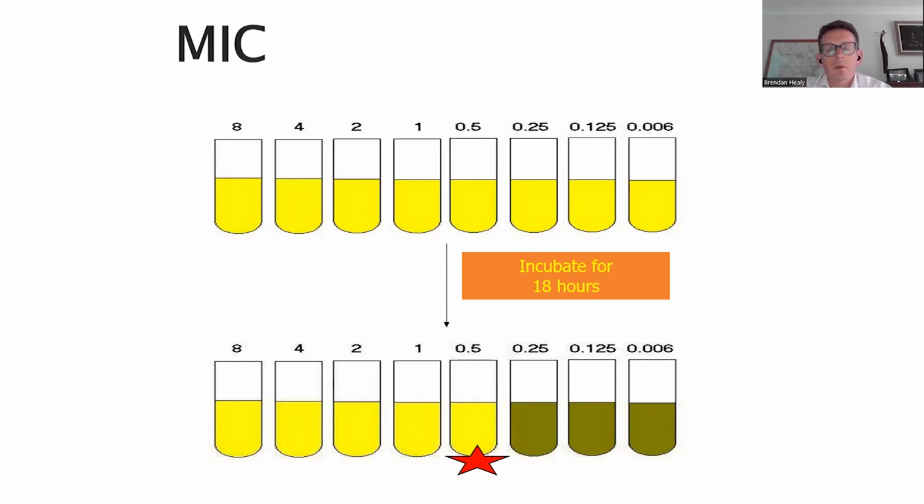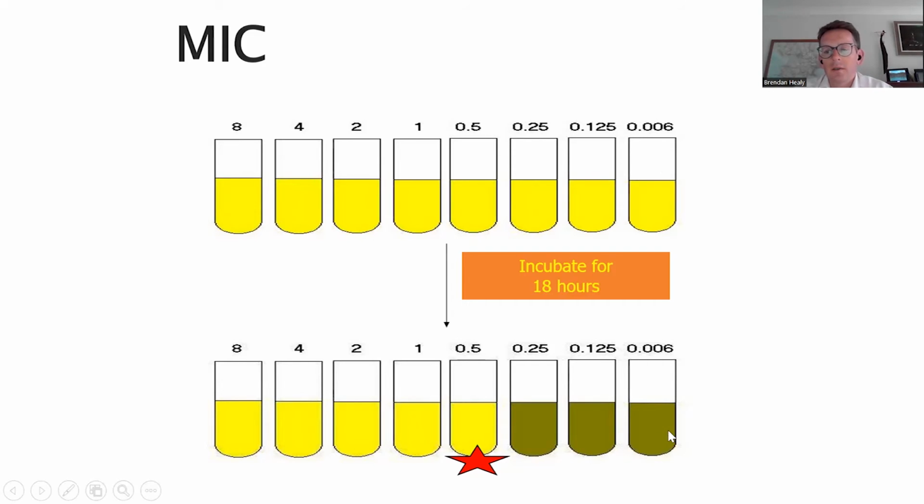Technically, we want to try and get the minimum inhibitory concentration, or the MIC. To determine the MIC, you put a known amount of the bacteria into a test tube with a different concentration of the antibiotic, and then you look to see where the bacteria stop growing.